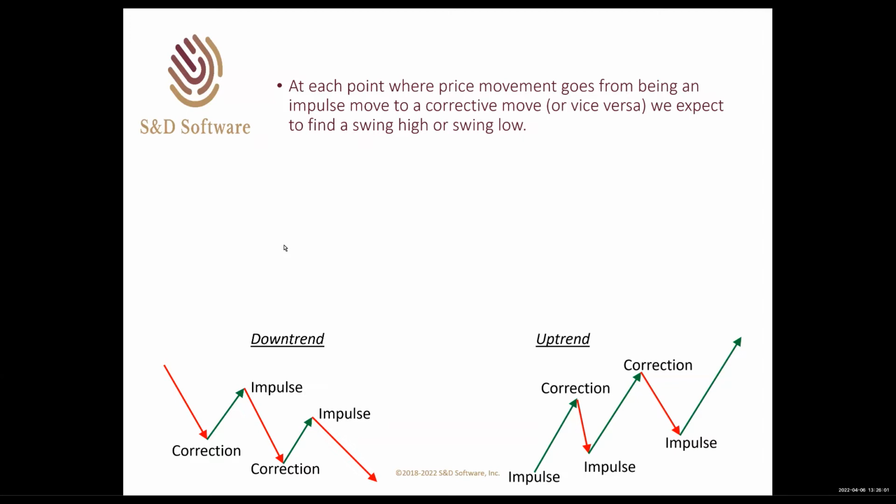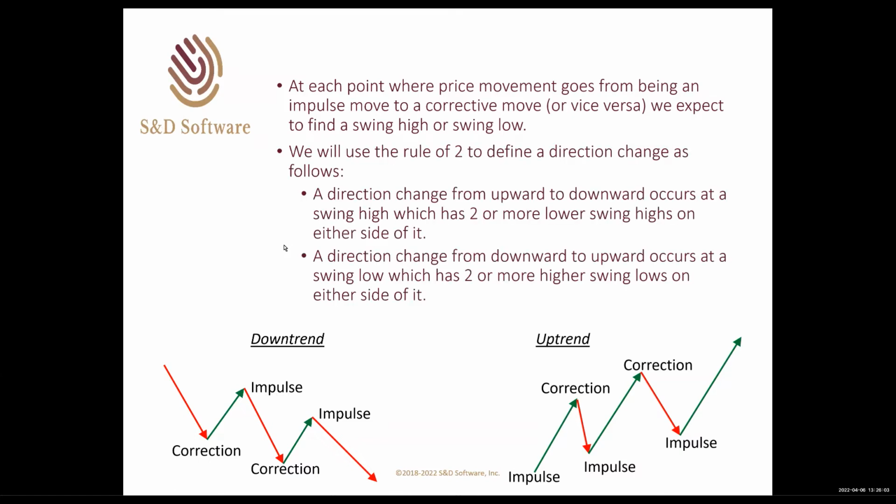So in the case of a change from an upward move to a downward move, we're going to look for a swing high which has two or more lower swing highs on either side of it. This marks it as a significant swing high because we've had lower swing highs on either side of it. And that fits very nicely with the way we tend to draw trends and the changes from impulse moves to corrective moves and vice versa.